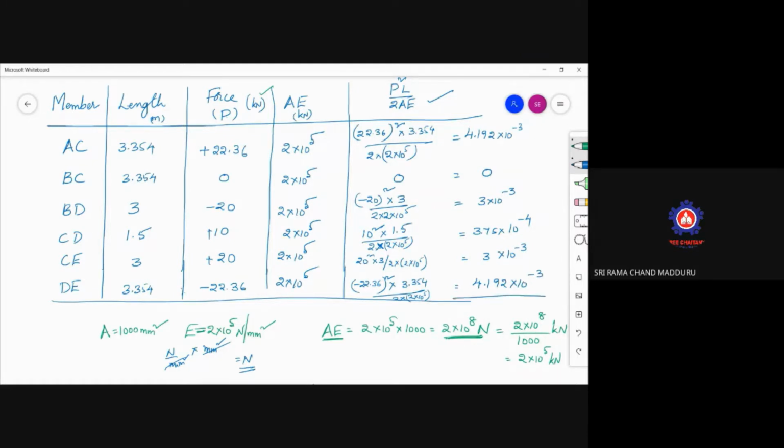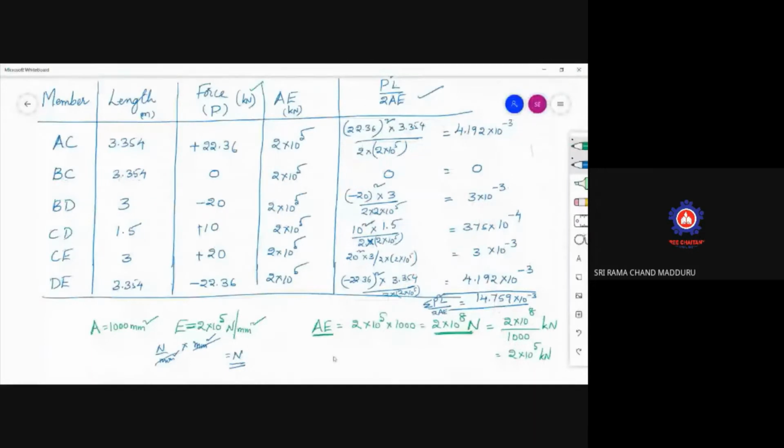So the total is sigma P square L by 2AE. Add everything and tell me the value of this. Please check whether the answer is accurate or not.